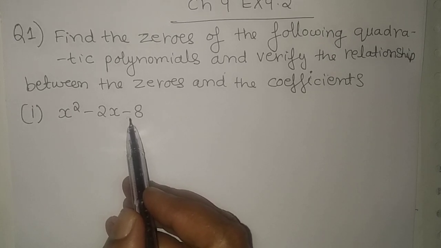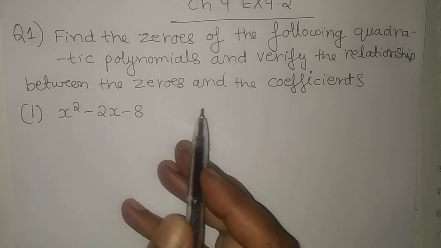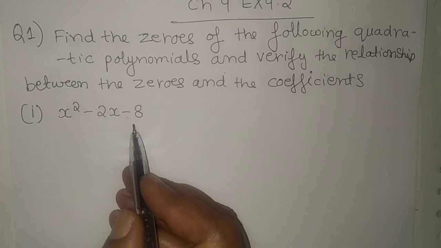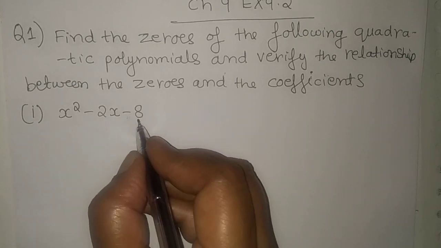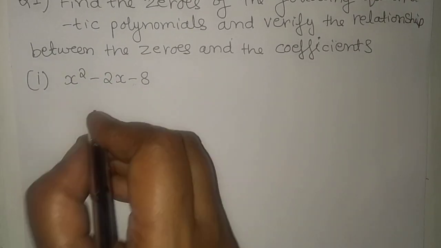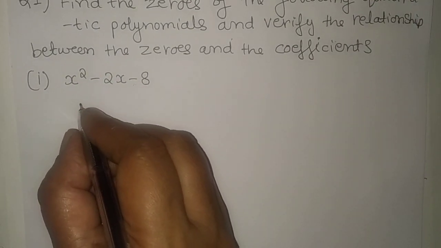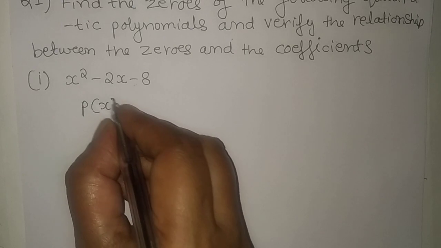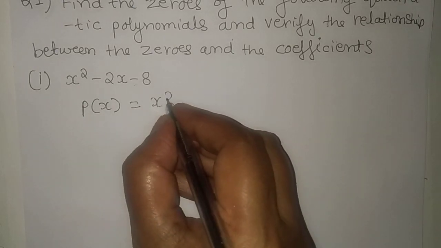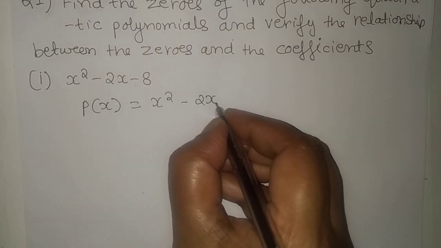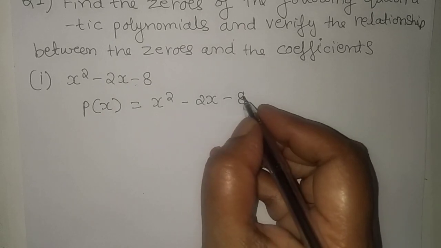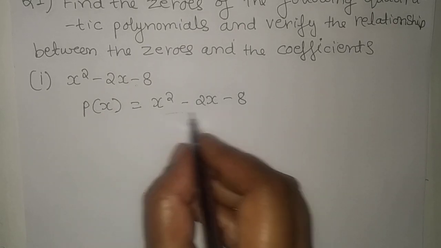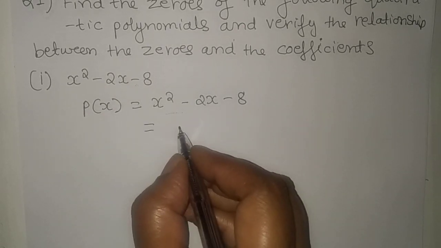We'll start the problem by finding the zeros of the quadratic polynomial. Just write down p of x. p of x equals x² minus 2x minus 8. Now we have to simplify this.